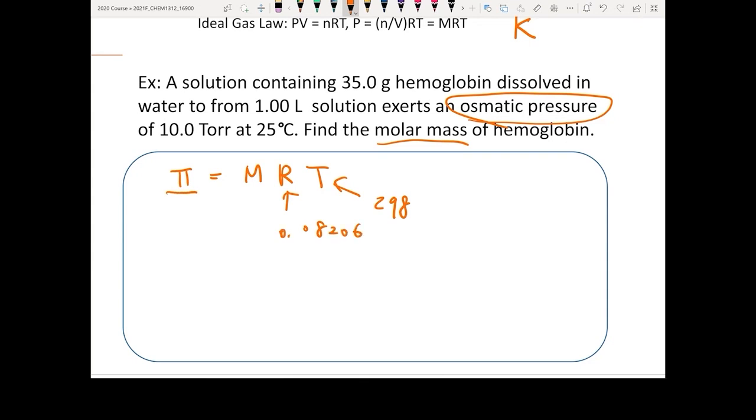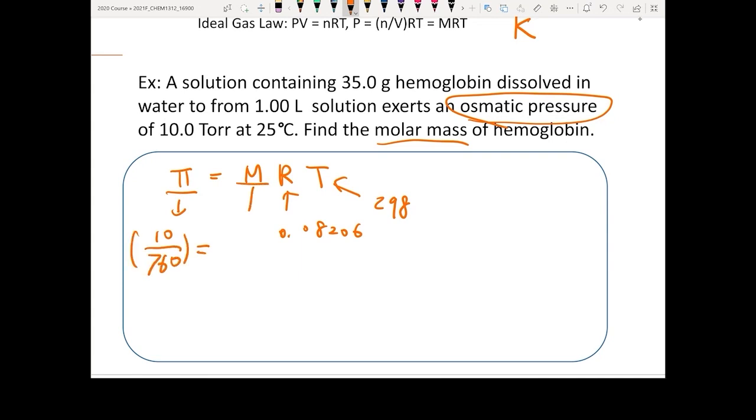Pi, osmotic pressure, do you have the information here? What's the unit of your pi? Atm, right? What's the unit in your question? Torr. Do you know how to convert torr to atm? 1 atm is equal to 760 torr. So you know your pi is 10 divided by 760. So this will make it become atm.